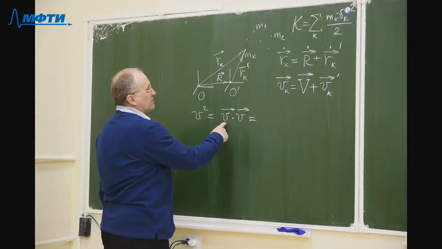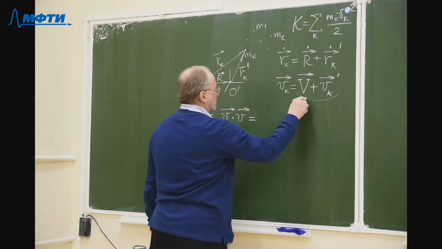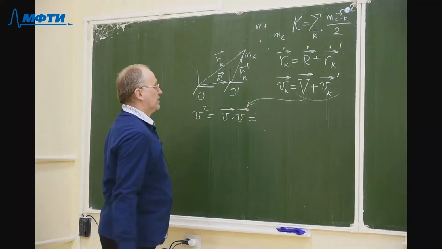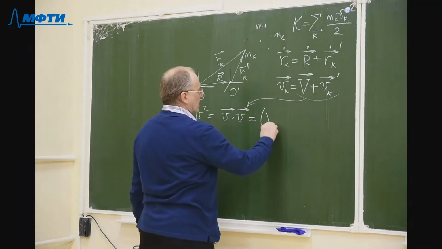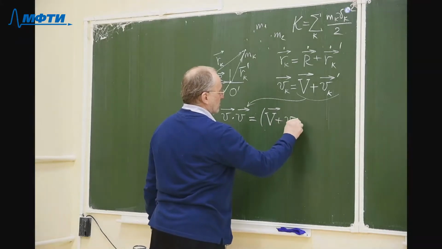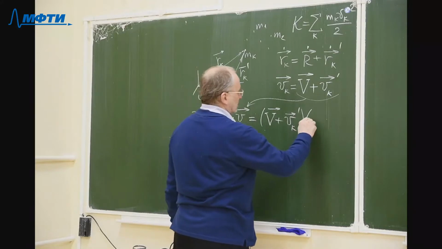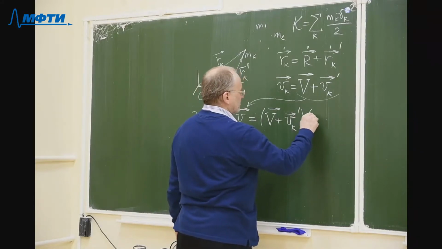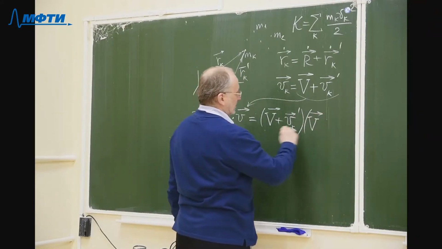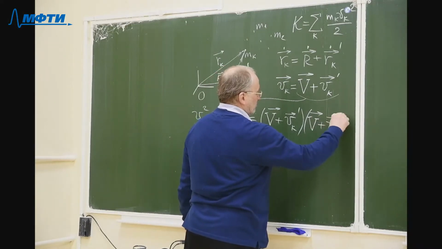So what is vector v? I know. I will take this expression and I will use it here. So I will have capital V plus vector vk prime and the same expression again, capital V plus vk prime.